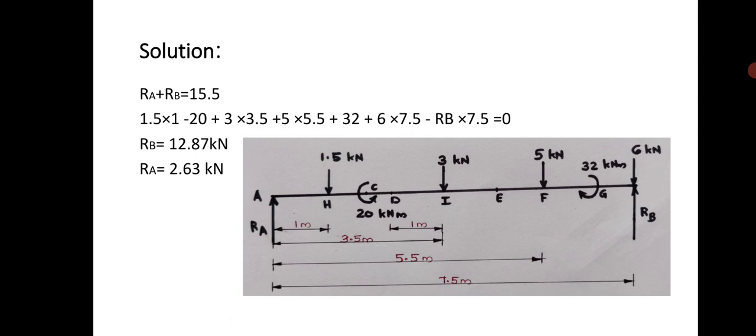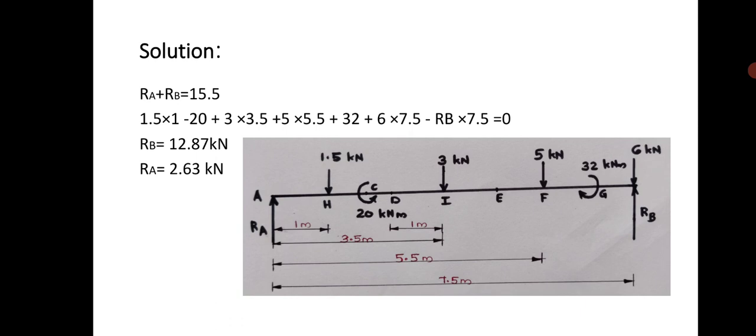Here also the beam is in equilibrium, therefore sigma Fx equal to 0, sigma Fy equal to 0, and sigma Ma equal to 0. So RA plus RB equal to 1.5 plus 3 plus 5 plus 6, that is equal to 15.5.